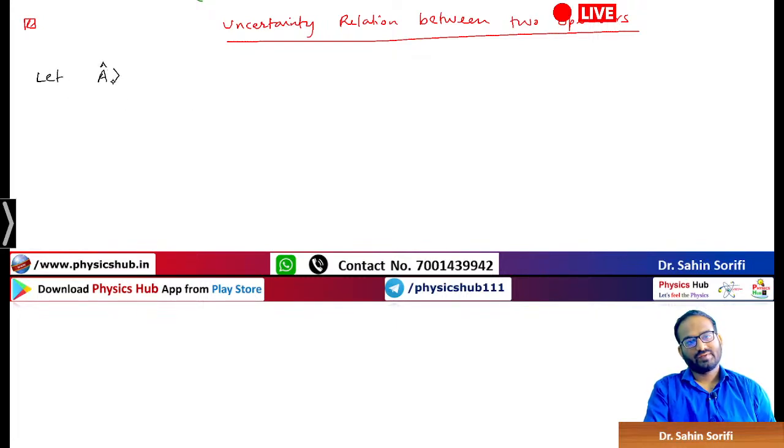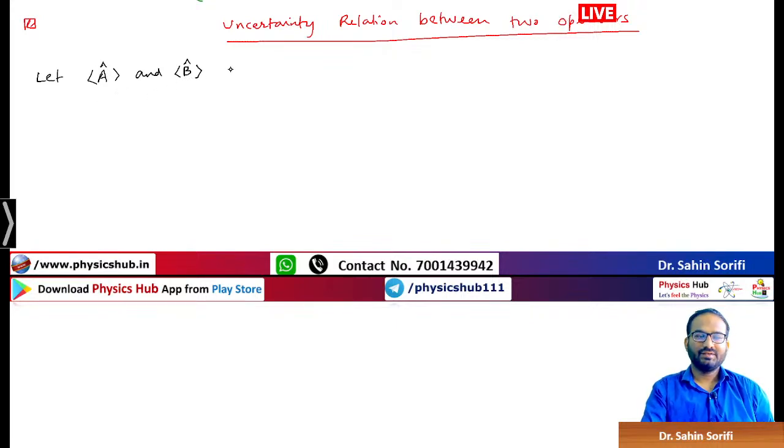So we have already defined the expectation value, right? So let ⟨A⟩ be the expectation value of A, and ⟨B⟩ of B. When we are writing inside the angle brackets, it defines the expectation value.